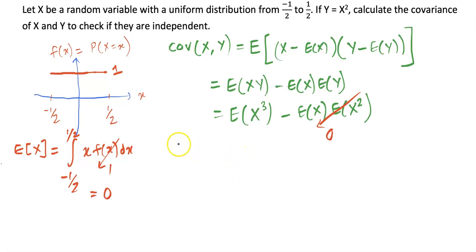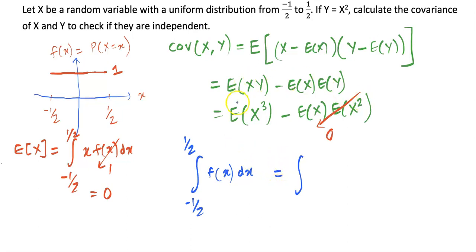Let's see. We know that if x varies from -half to half, x cubed, let me write that down. If x varies from -half to half, the integral of f of x dx from -half to half, which is the area under this distribution, which is 1, has to equal the area under the new distribution, which also has to equal 1.